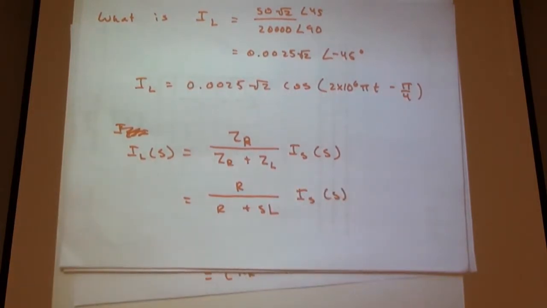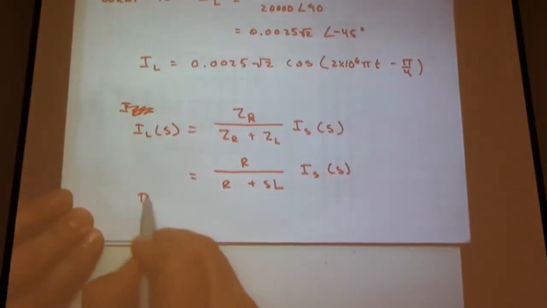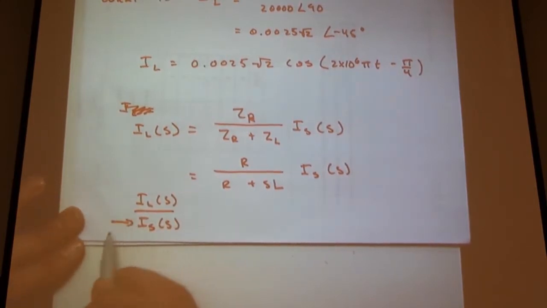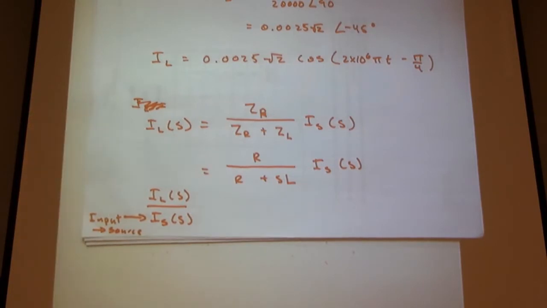Well, this is a familiar form for us. We've done this. We're masters of it, having taken the second exam. We can rewrite this as IL of S over I source of S. And no, this is our input. So that's our source. Our source is always our input.